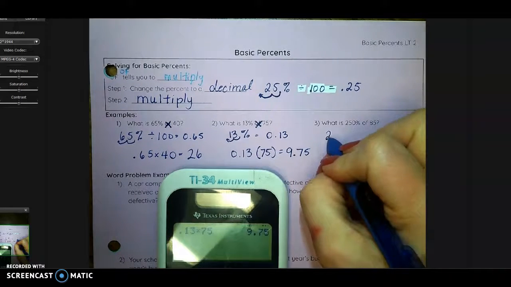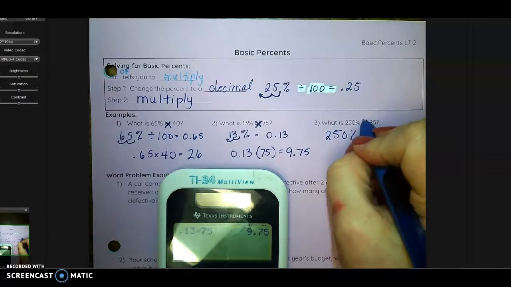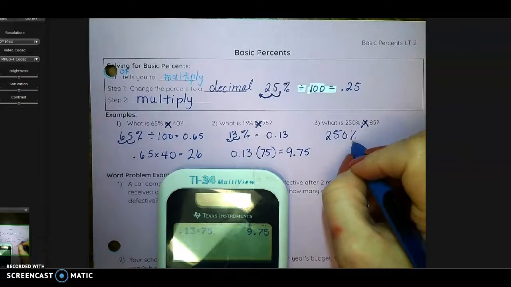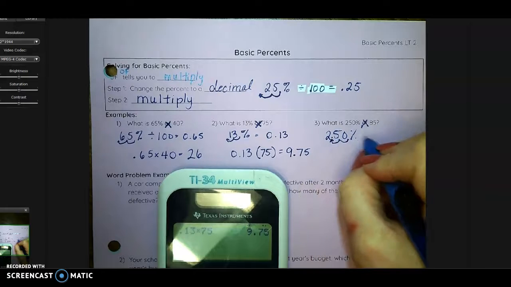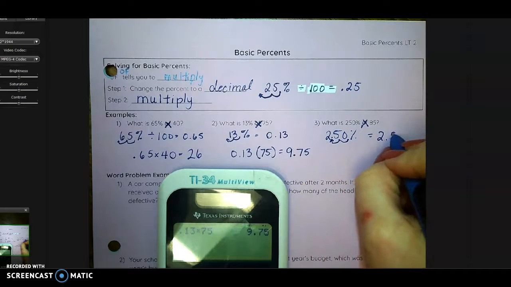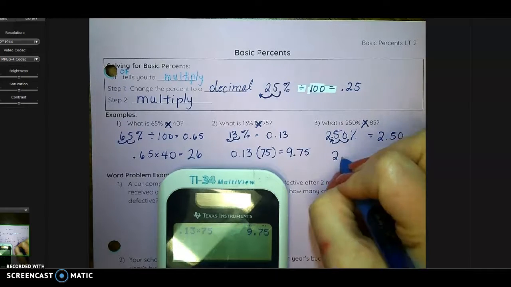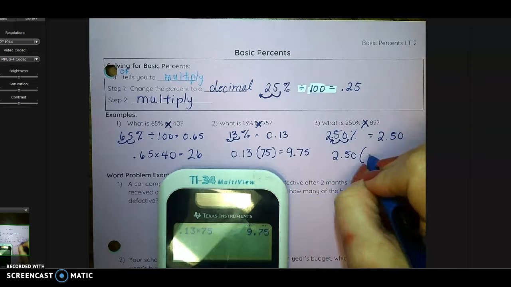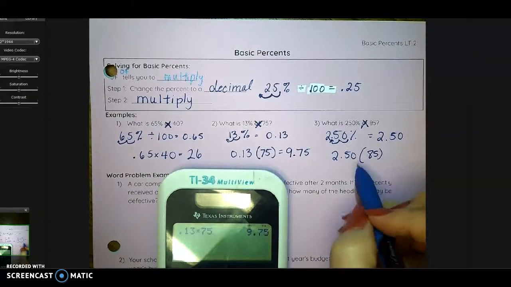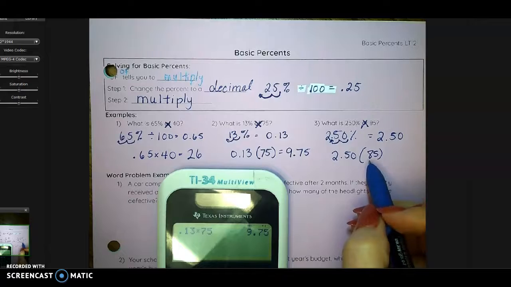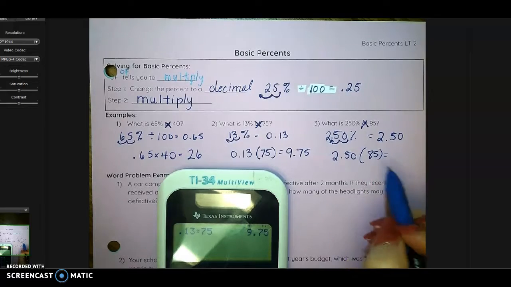This next one is 250% of 85. So my decimal point is here. You'll notice when I move this decimal point, it ends up in between two numbers that we already have. It's not less than 1, it's more than 1. So if I'm going to do 250% of this, my answer is going to end up bigger than 85.